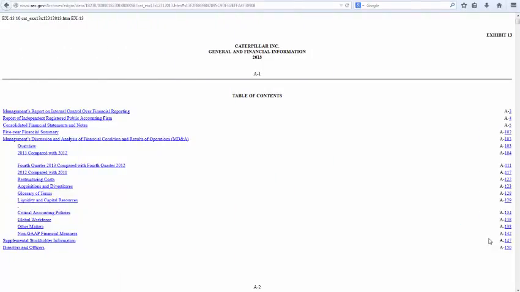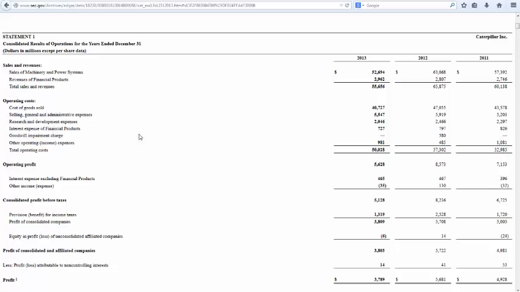The place where we can actually see how much money your company is repurchasing in stocks is in the cash flow statement. And so to help me get to the cash flow statement, I'm going to the 10K report. This is Caterpillar's 10K report, and it's actually under Exhibit 13 that has the financial statements. This one's the income statement.